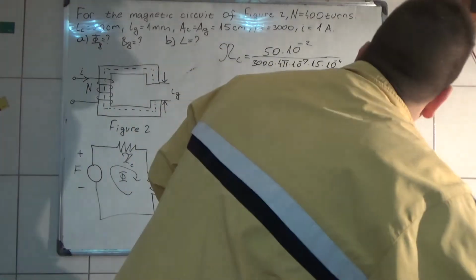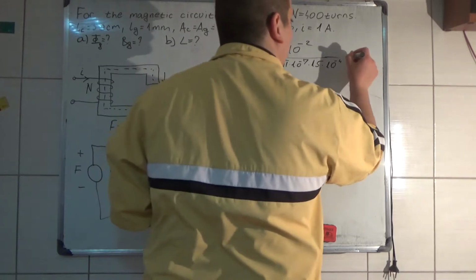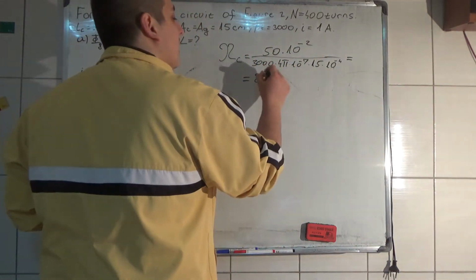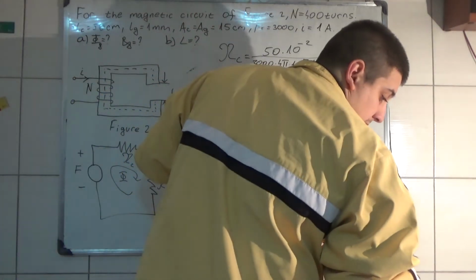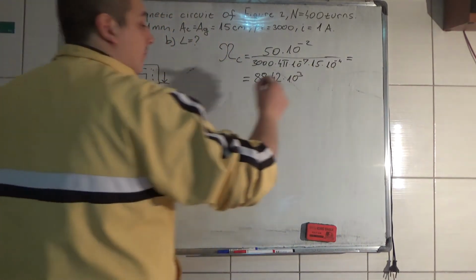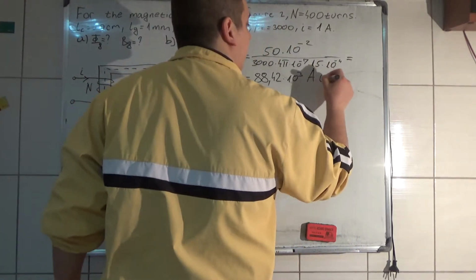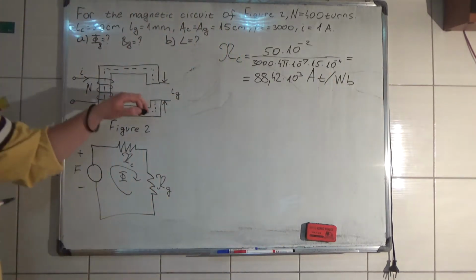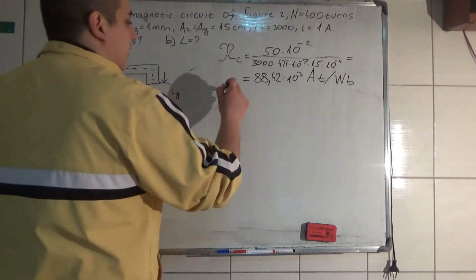That is equal to 88.42 times 10 to the 3 ampere turns per Weber.